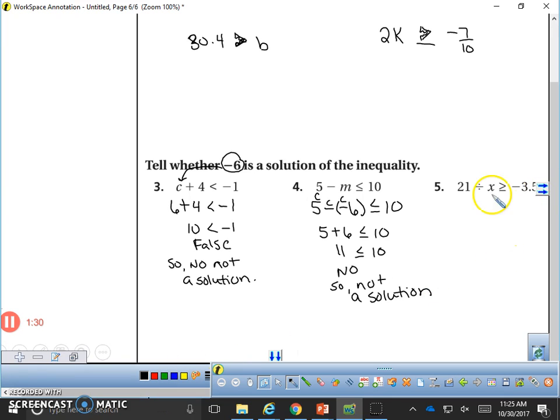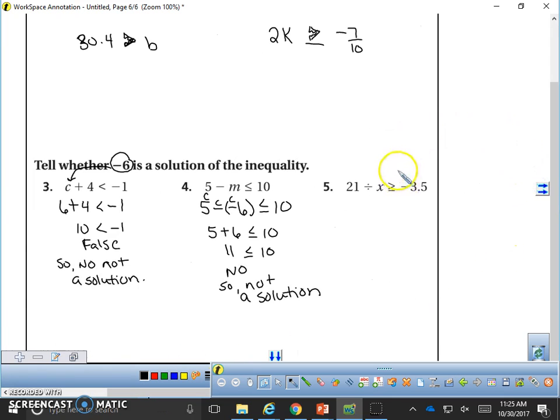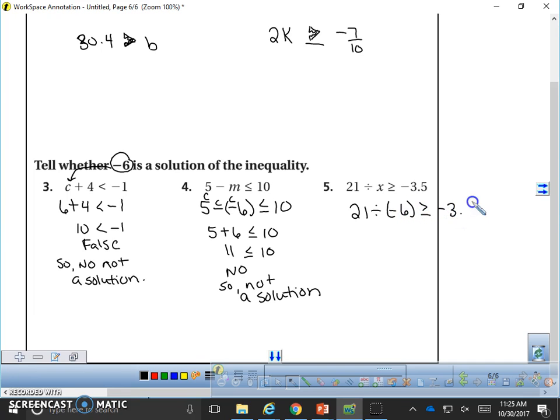All right, last one, example 5. Okay, negative 21 divided by 6, is that greater than or equal to negative 3.5? Yes, you can use calculators. We've talked about this. You can put this into a calculator.